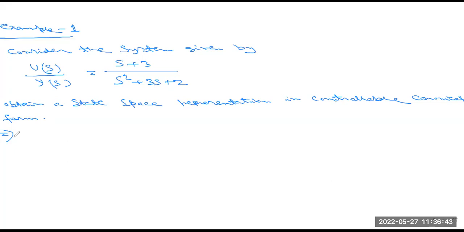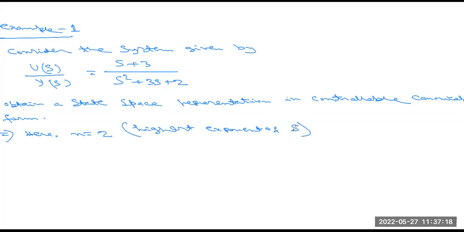Okay. So now you have to consider here. The highest power you can see is to the power 2. Okay, highest exponent of s. That means here n is equal to 2, because the highest exponent of s is s to the power 2.